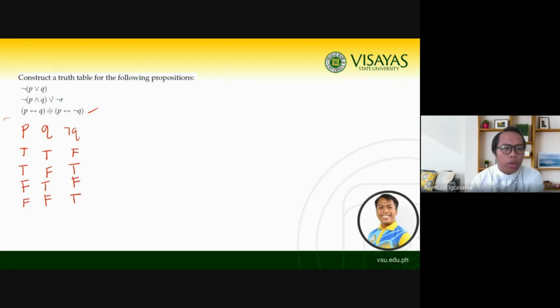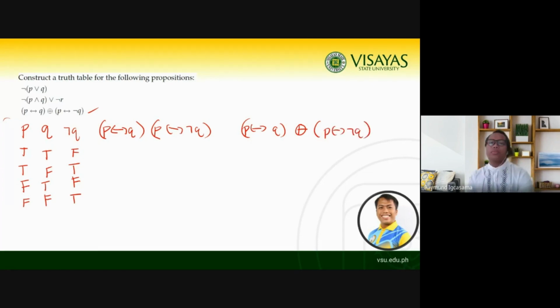Then let's start with the first statement. You have P if and only if Q. Then the second is P if and only if not Q. Then the final answer is P if and only if Q exclusive or P if and only if not Q. Okay?